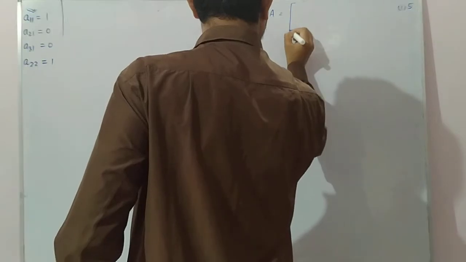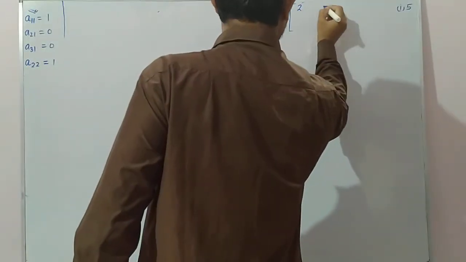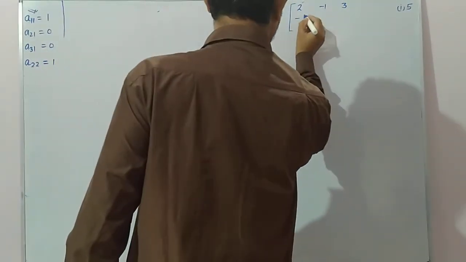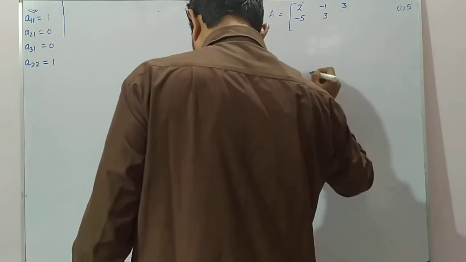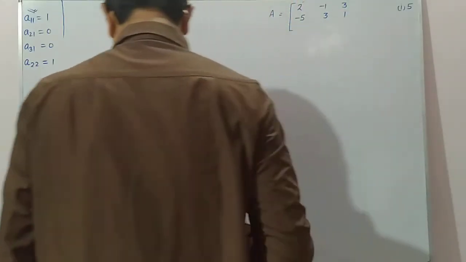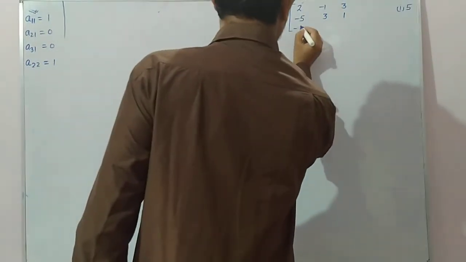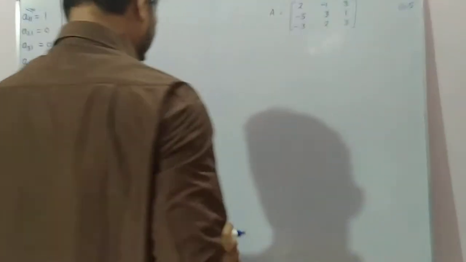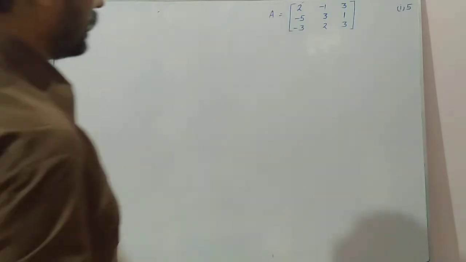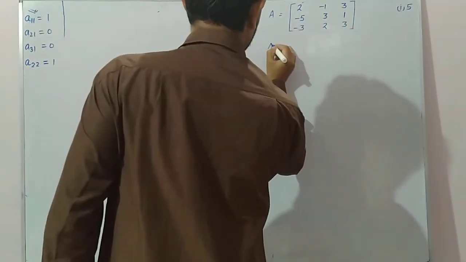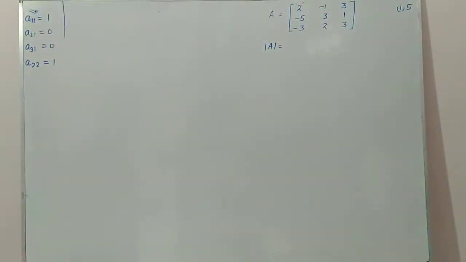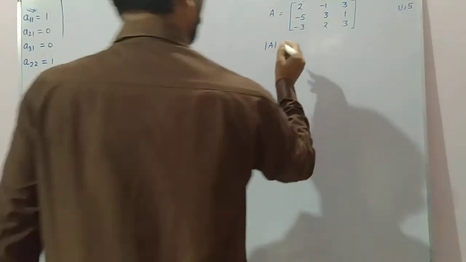Matrix A that is given to be 2 minus 1 3, minus 5 3 1, minus 3 2 3. So when we find the determinant, you have to check that the determinant is not equal to 0, then only we can find the inverse.